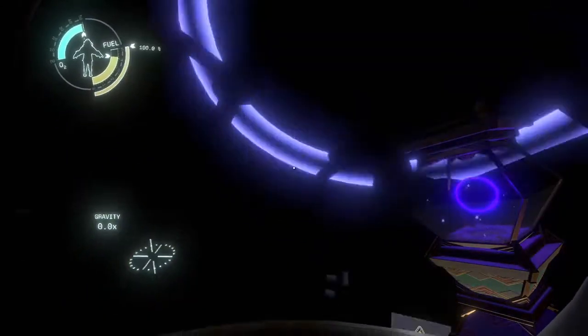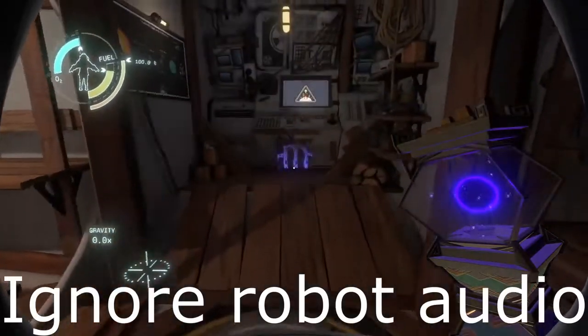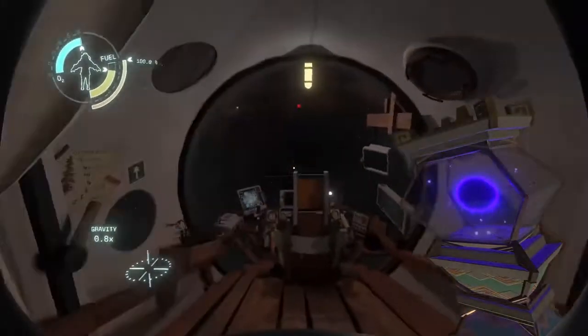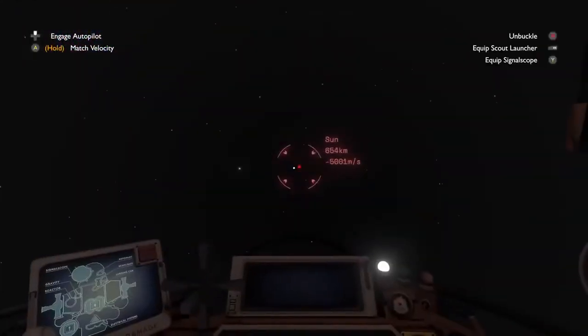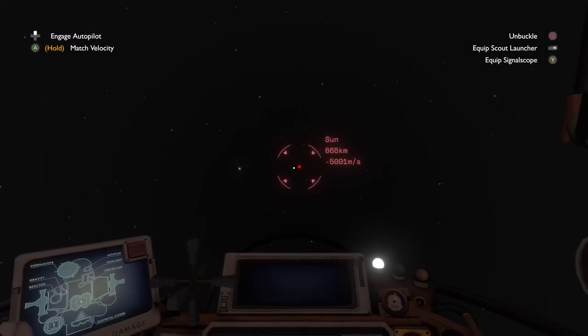So I'll go back into the spaceship, and remember that we cannot prove with any method using physics that our velocity is right here, the big revelation, 5,000 meters per second. There's no way to prove it.